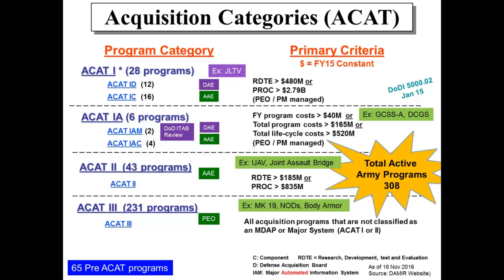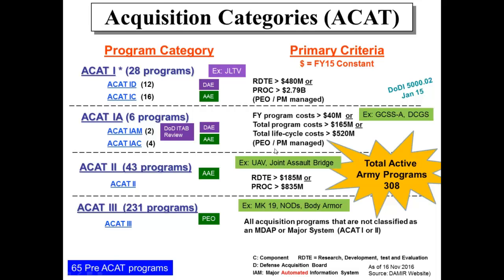There's a lot of modernization and a lot of small things. They're looking at the AMPV, I can't remember what it stands for, the replacement of the M113. But that's going to be a very small dollar figure because it's only replacing something like 500 vehicles. It may sound like a big thing because it's probably going to be tracked, but you have to hit certain dollar thresholds to get through these categories.